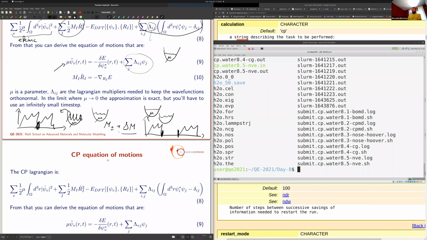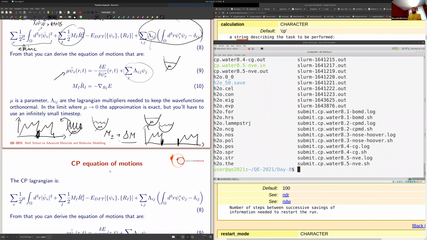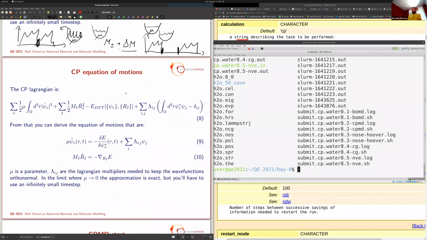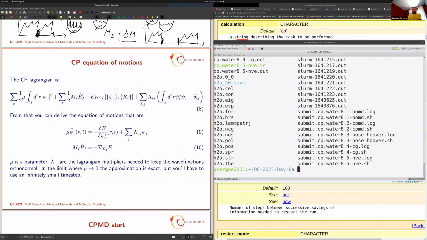And it turns out that the smallest frequency of the electronic system is something that goes like the square root of the electronic gap of the system over the fictitious mass parameter.